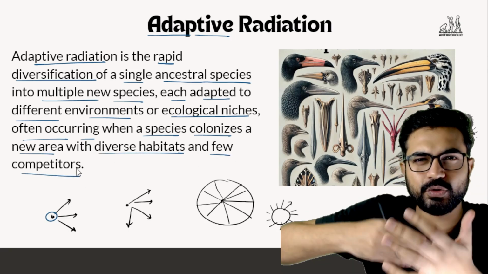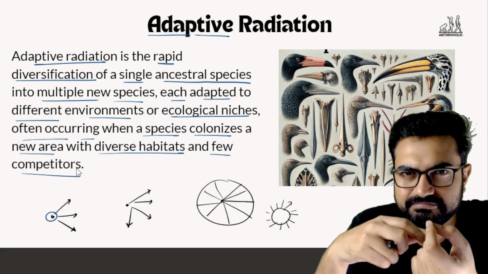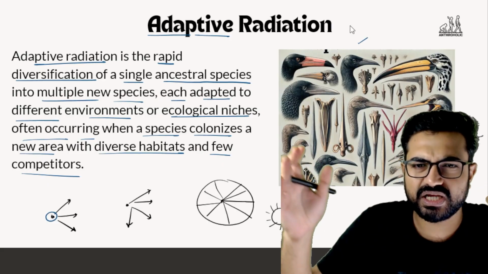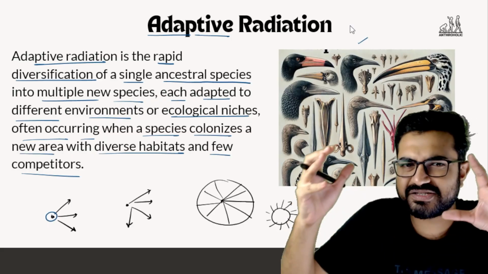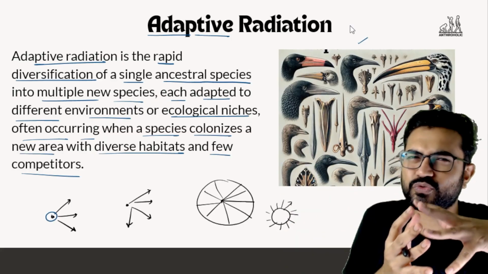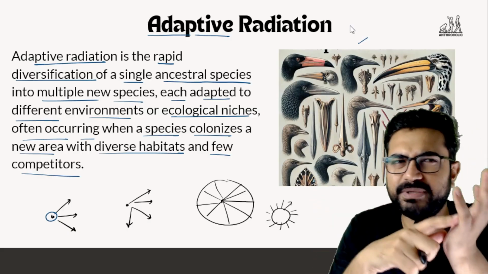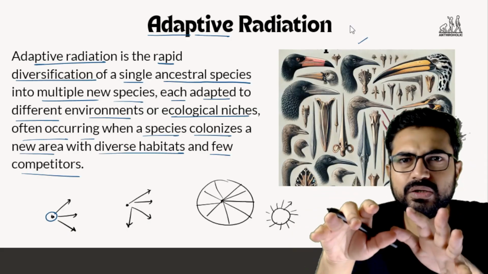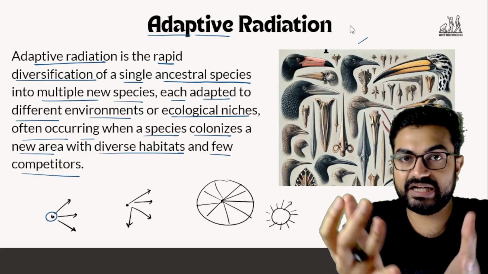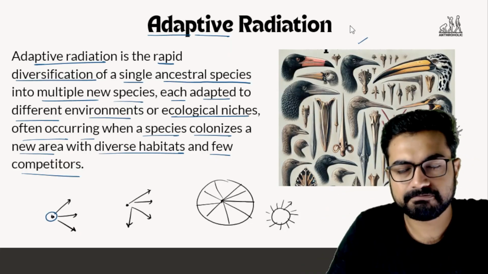So this is like a story. Let's say you had a common ancestor of birds. For example, as you can see here, there are so many birds with different beak shapes, different patterns and different feather types. You see a peacock, a parrot, a pigeon. They look so different, yet they are classified under the class Aves, or let's say birds.